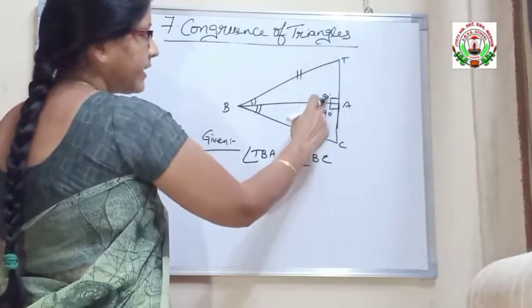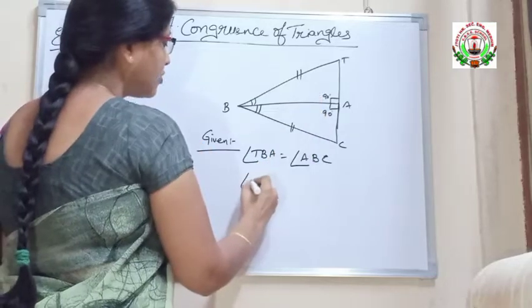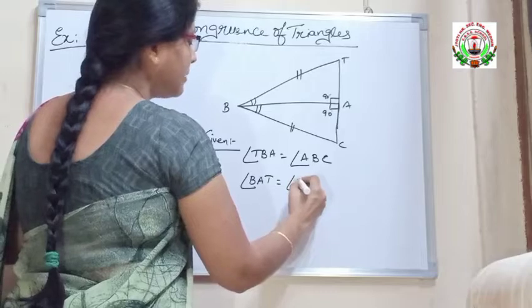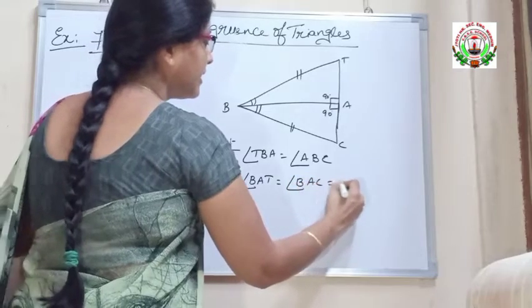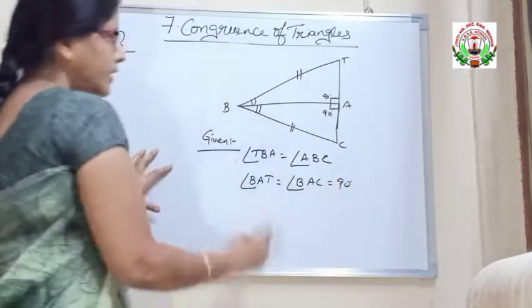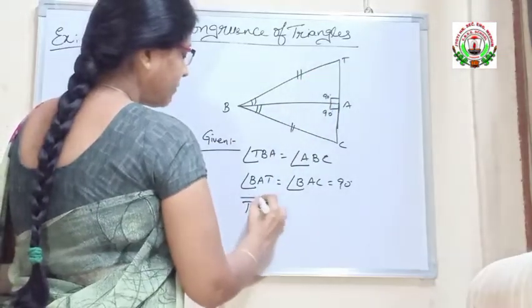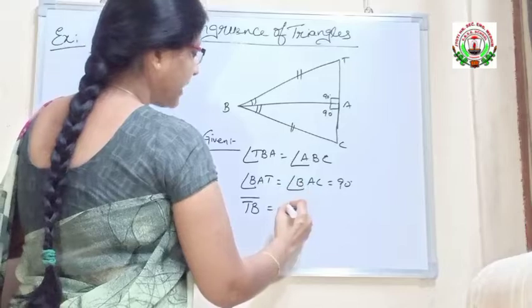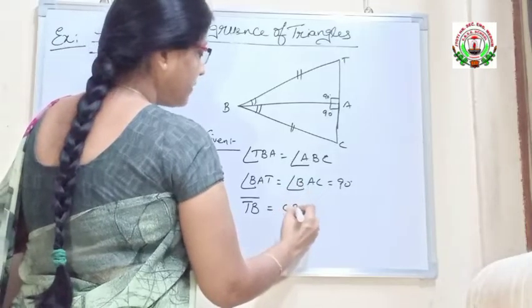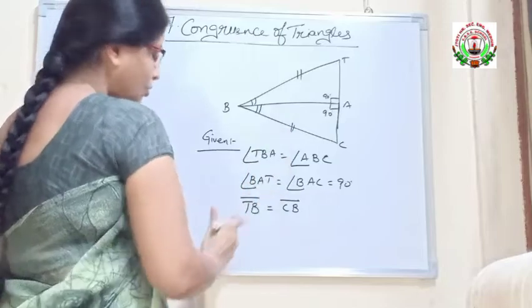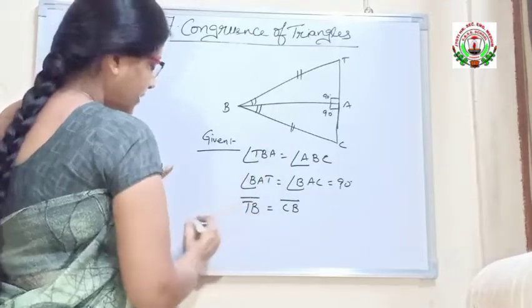Next it is given here 90 degrees, here also 90 degrees. So angle BAT is equal to angle BAC, that is 90 degrees. Next they have given the line segment. Line segment TB is equal to line segment CB, because these two line segments are equal. So this is your given part.